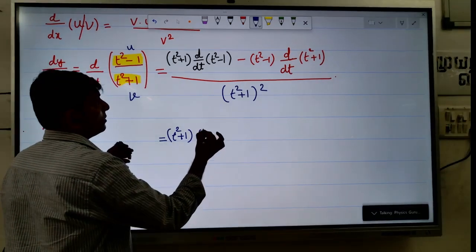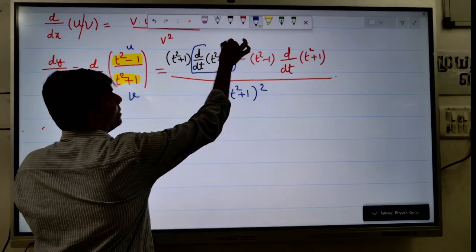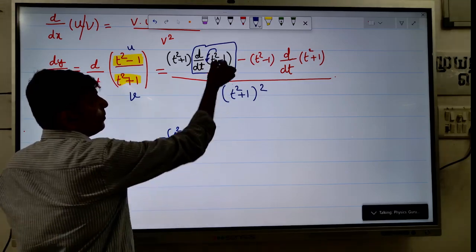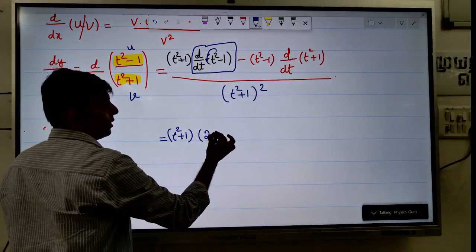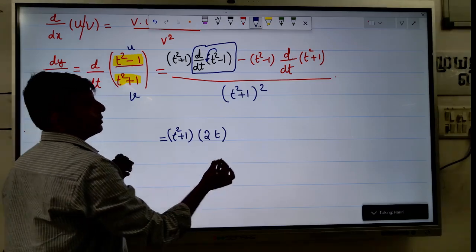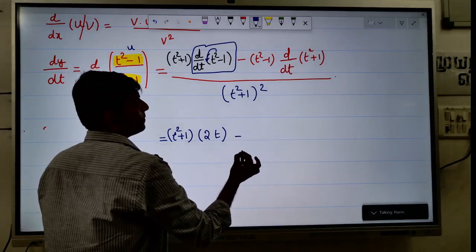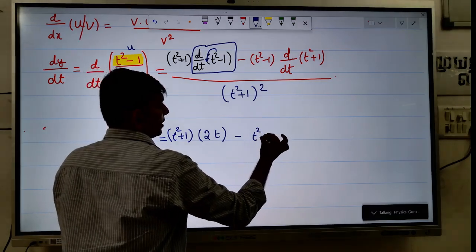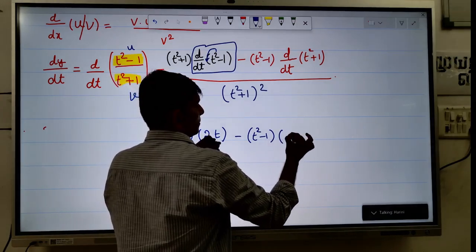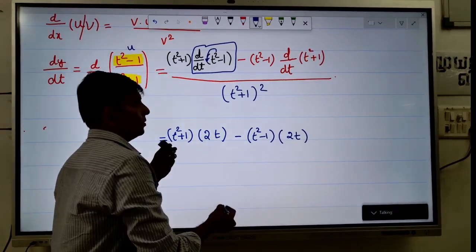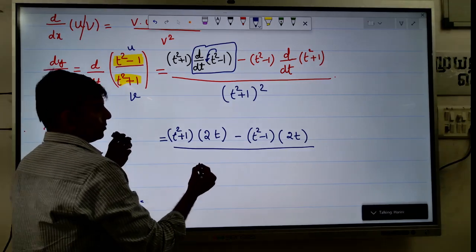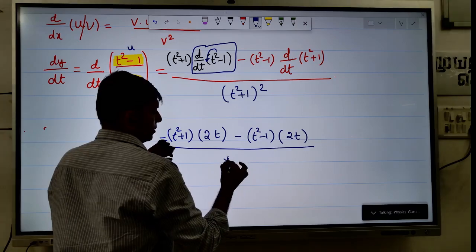Very good. d by dt of t squared minus 1 is, the power comes as coefficient, 2t. Very good. Then minus t squared minus, yes, keep going, into, okay, 4 by t to the power 4.